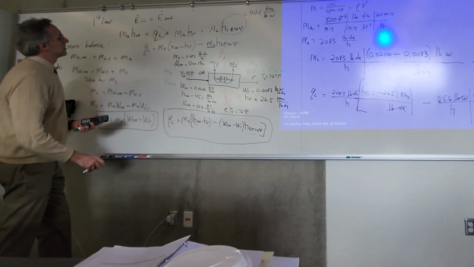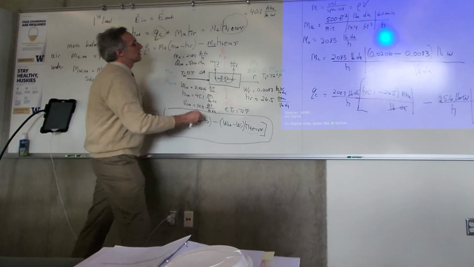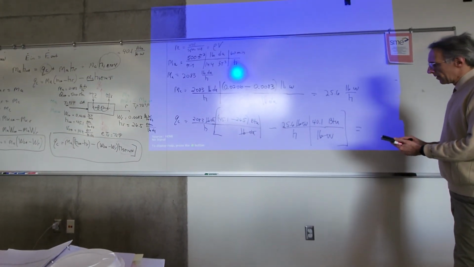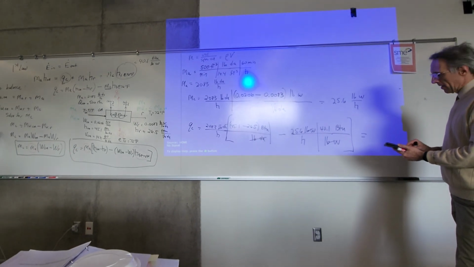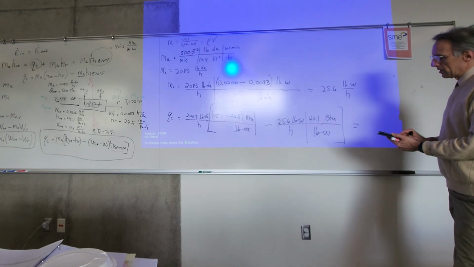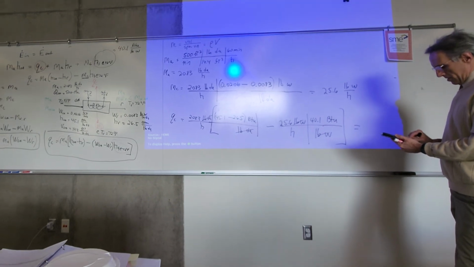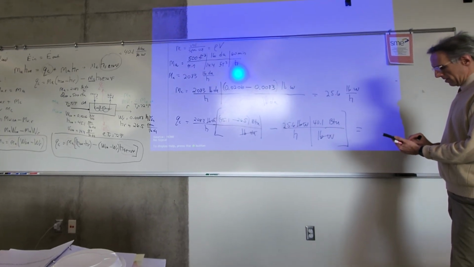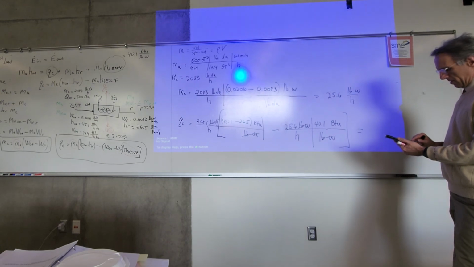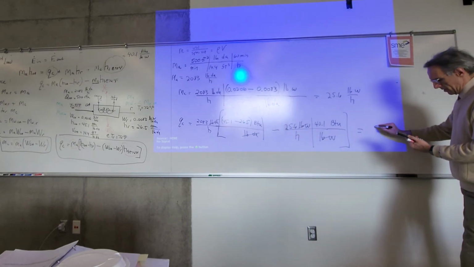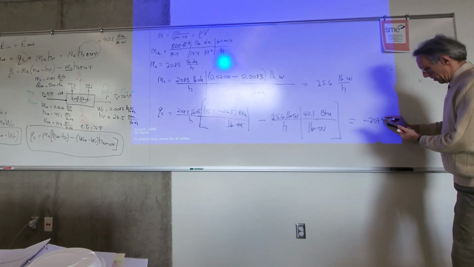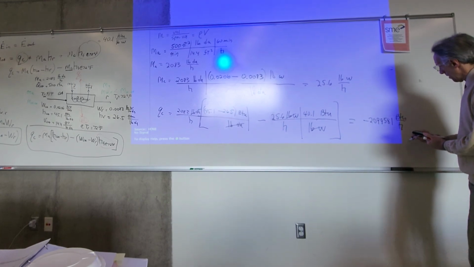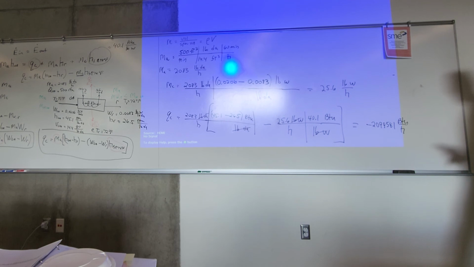Adding or subtracting? This is subtracting. So subtract. So about 2 million BTU per hour.